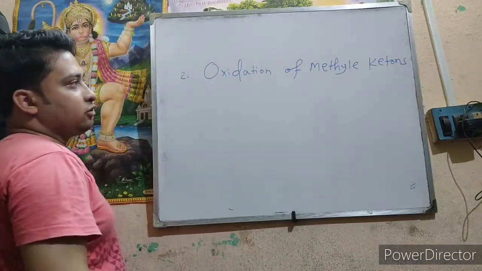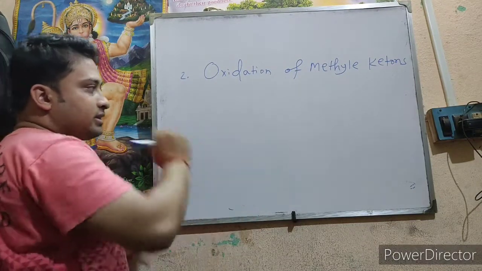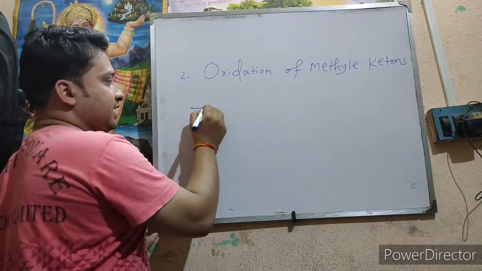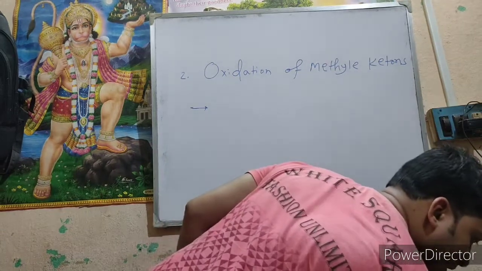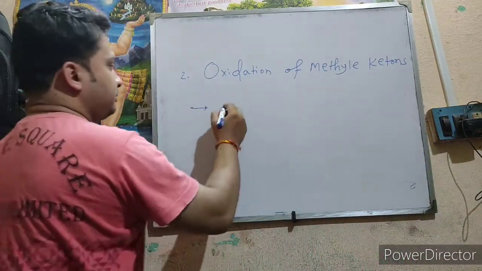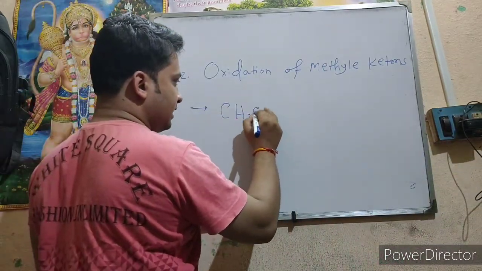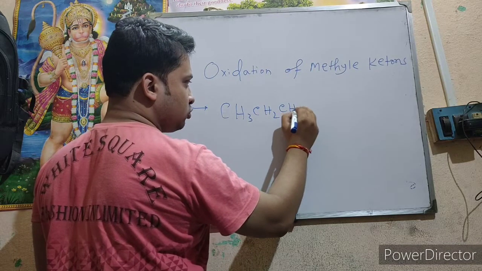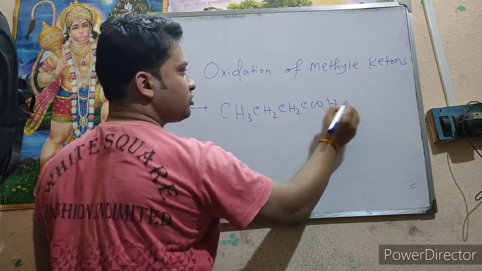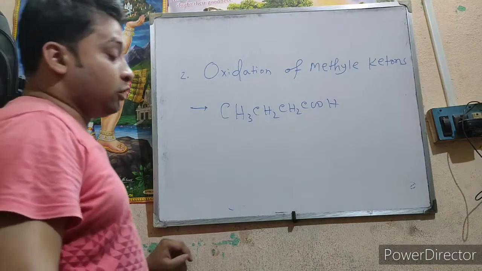Oxidation of methyl ketones. For this reaction I take an example of CH3CH2CH2 COCH3. I take this.